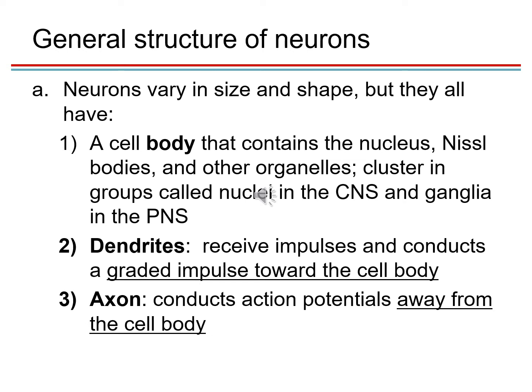The axons are the ones that conduct action potentials. From the dendrites to the hillock, or the body to the hillock, the electrical activity is conducted in the form of graded impulses. You don't have to know right now exactly the difference, but be familiar with these two terminologies, graded impulses and action potentials.